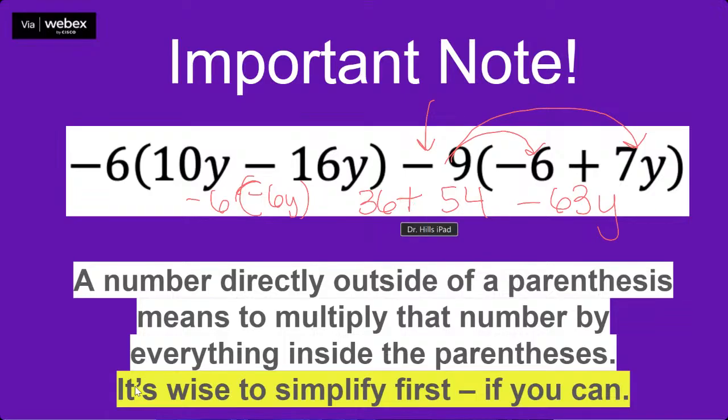Hold on, y'all. Let me not put it on the plus sign. It's your turn to solve. Simplify what we have left. We have 36y plus 54 minus 63y. What's going to be our final answer? Simplify.